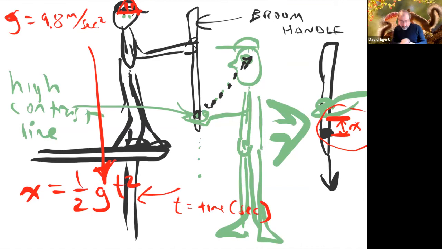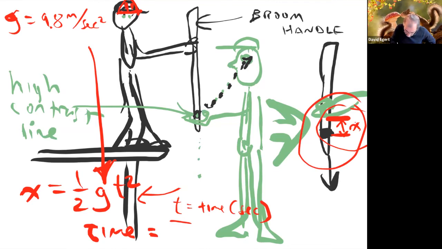It's a simple relationship. If this thing fell for an entire second, it will have fallen about 5 meters. So if we measure the x and we know the x and we want to know the time, you just flip the equation around. The time is just going to be the square root of 2 times that distance divided by g, divided by 9.8.